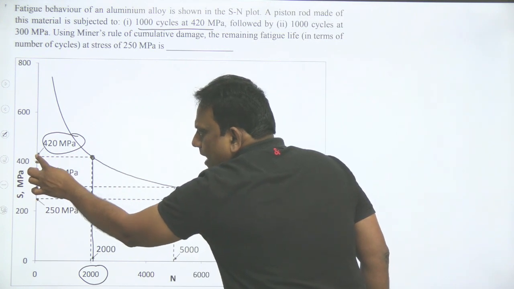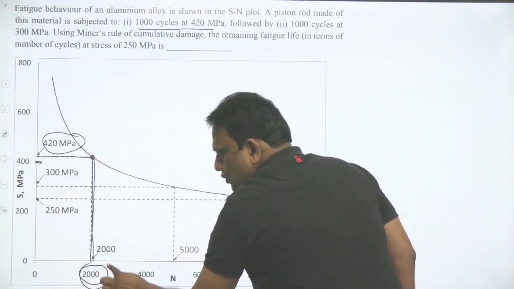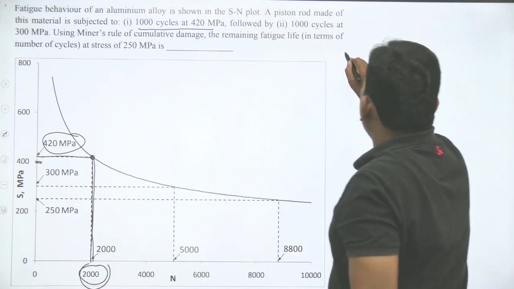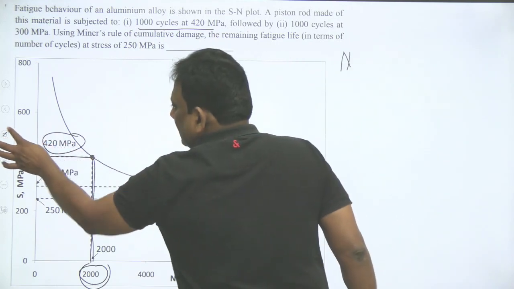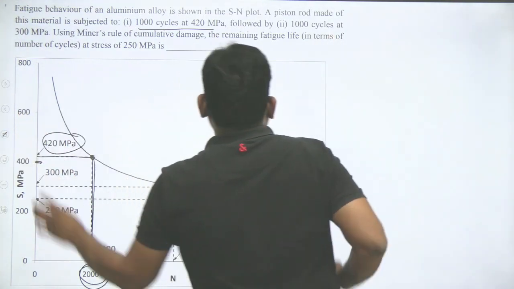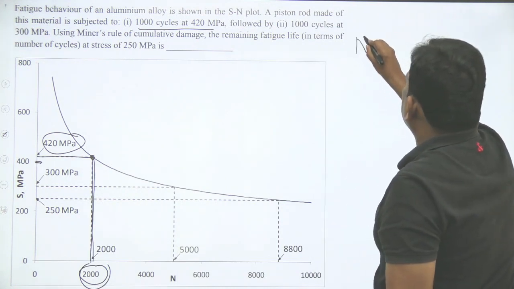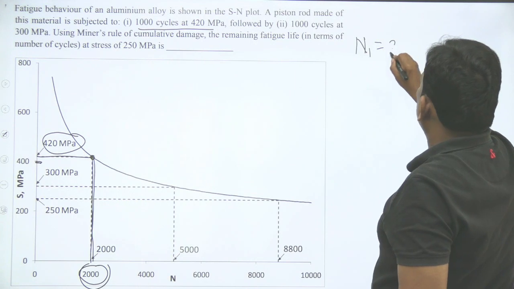This is 400 and this is 420. For 420, the number of cycles is 2000. Let me take the number of cycles for 420 as 2000.